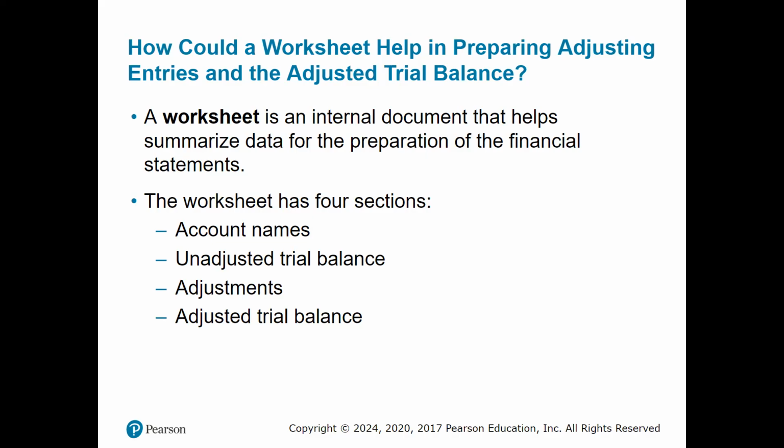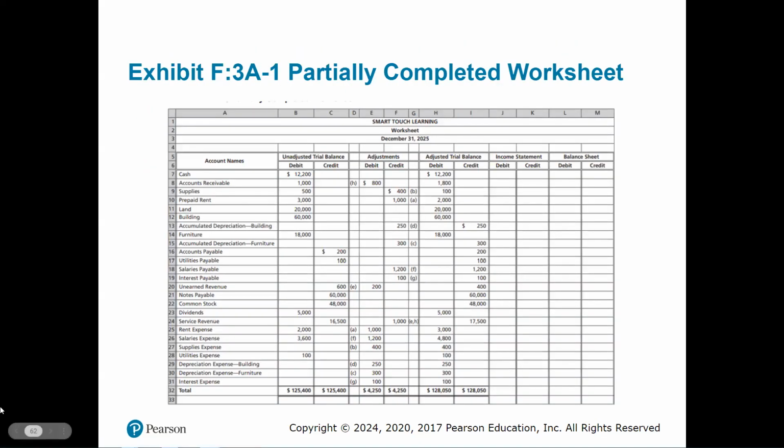So it just helps us sort it out. This is the format that we see a worksheet in. We get our unadjusted trial balance, just like in our other problems, only they divide it out into debits and credits. And then in this column here, we see the different adjustments that we would have made.